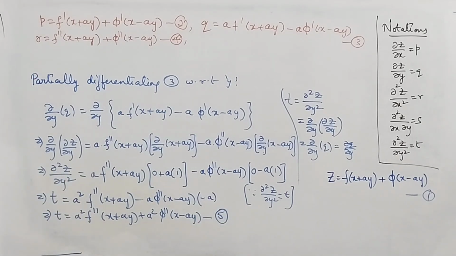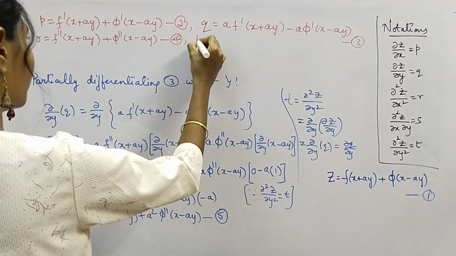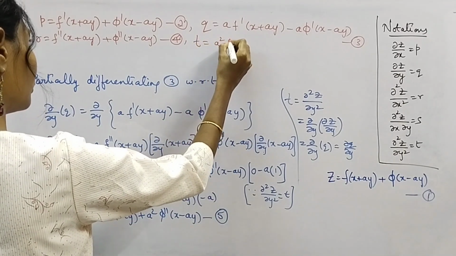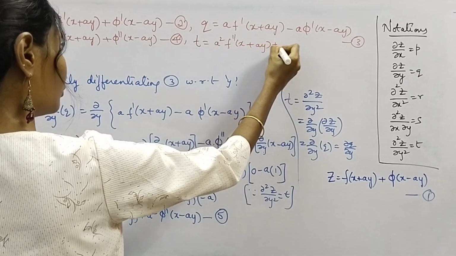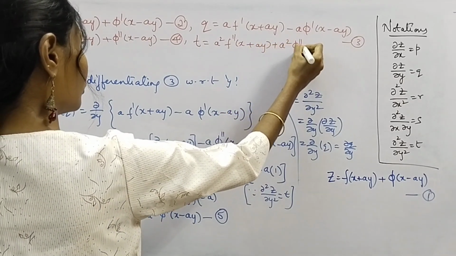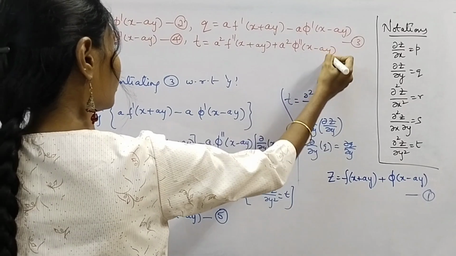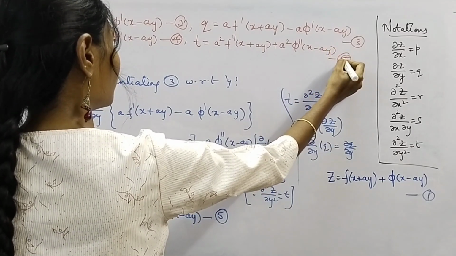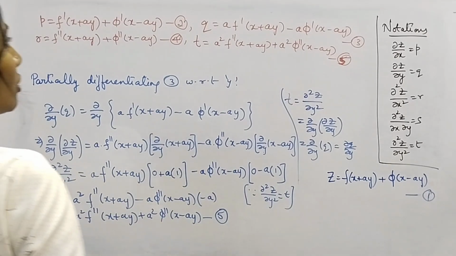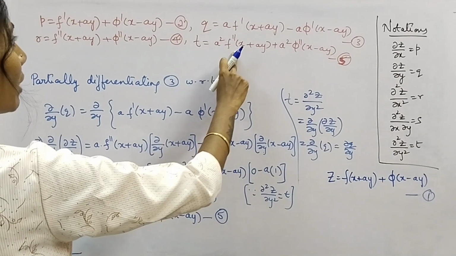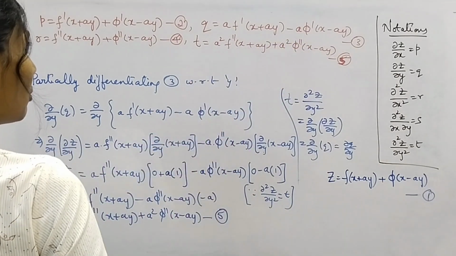Now observe all these 5 equations. If you observe in t, you have a square f double dash plus a square phi double dash, right?